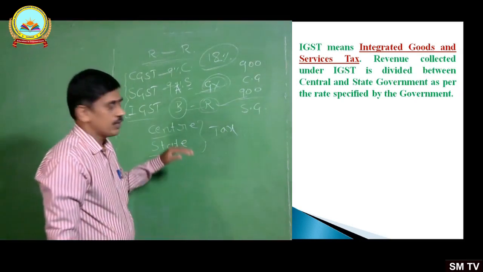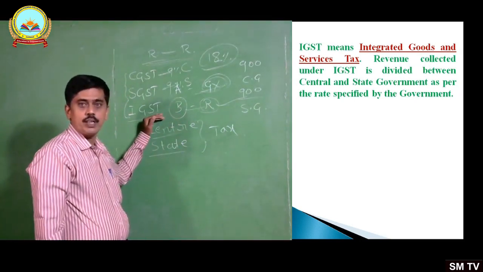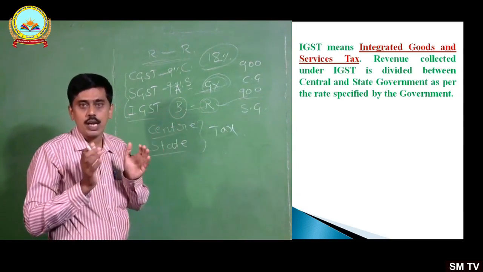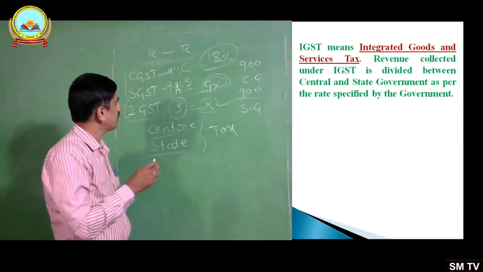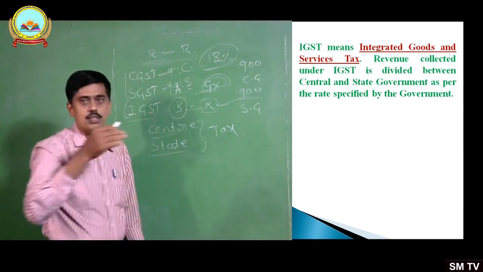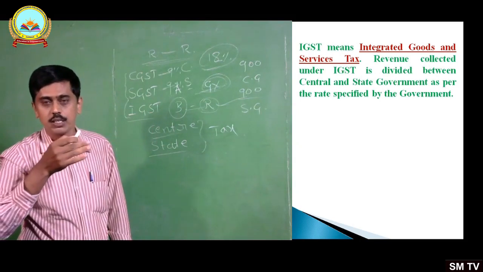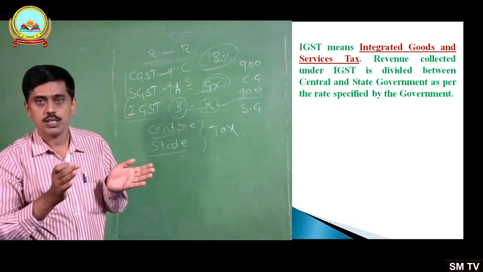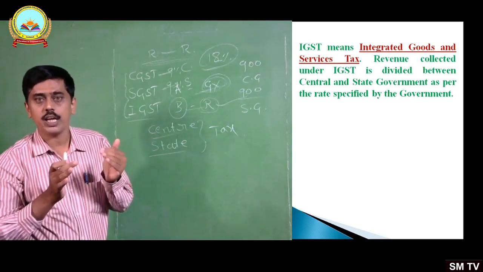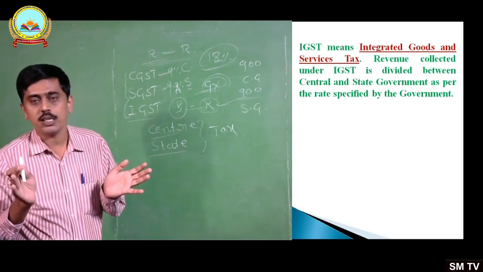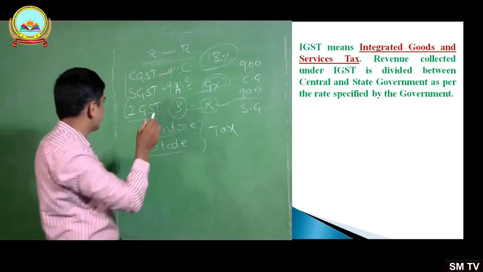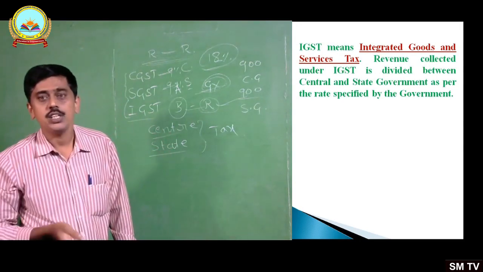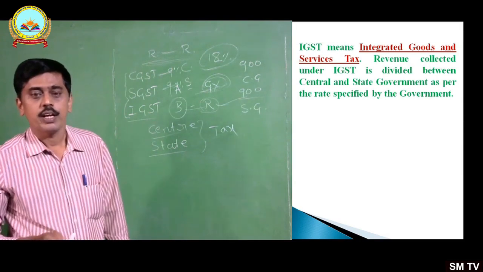If the state is involved in that particular transaction, it will be divided among the states. IGST collected by the center will be divided among the center and the state governments. Okay.